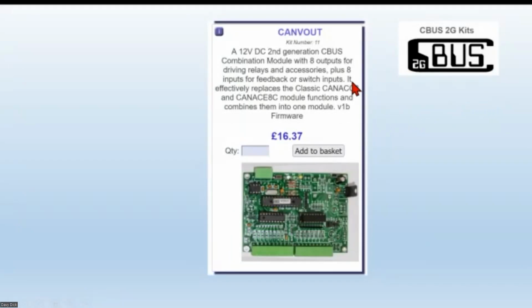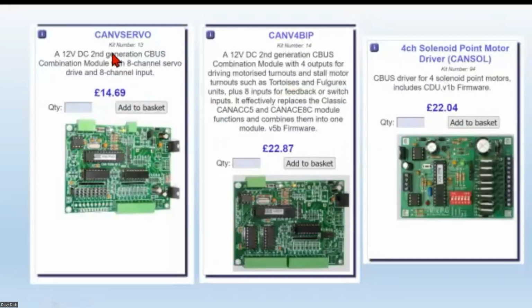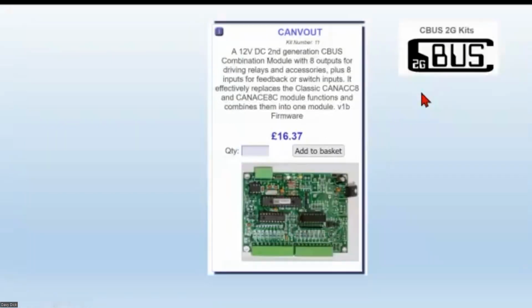They're called the second generation kits. And you have 8 digital outputs if you want. So you've got servos, tortoises, solenoids, digital.